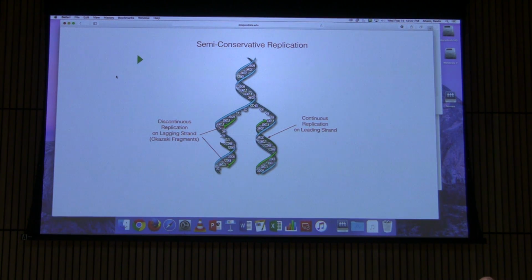One of the first things that people wanted to know after they determined the structure of DNA was, how does DNA replicate? Because we know it has to replicate because it has the information necessary for a cell to make everything that it makes. So I can't have a cell without DNA, so if I have cell division, I therefore must have DNA division. Well, DNA division happens as a result of DNA replication.